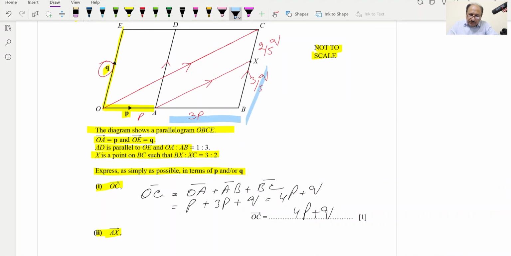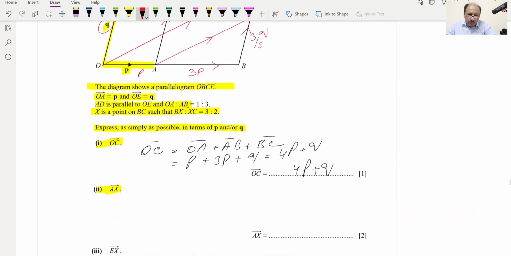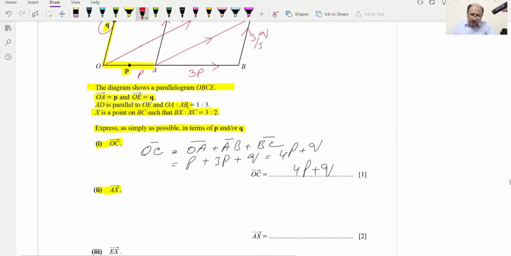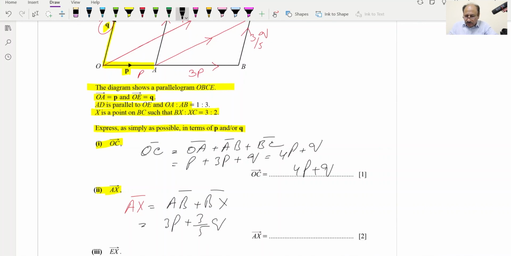So AX is equal to AB plus BX, and this is equal to 3P plus 3 by 5Q, and this will be our answer, 3P plus 3 by 5Q, and this is for 2 marks.